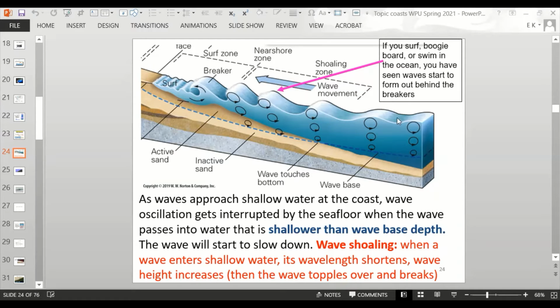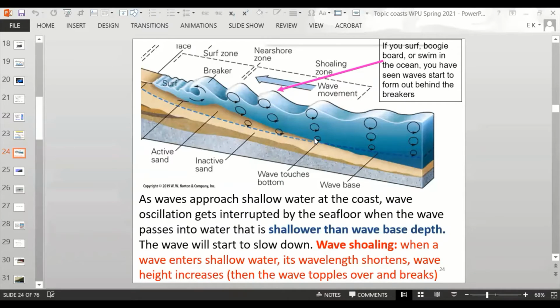So the orbital movement, these circles, as soon as the lowest orbital movement is touching the bottom of the seafloor, the bottom of this wave slows down while the top of the wave is still moving forward at the original speed.